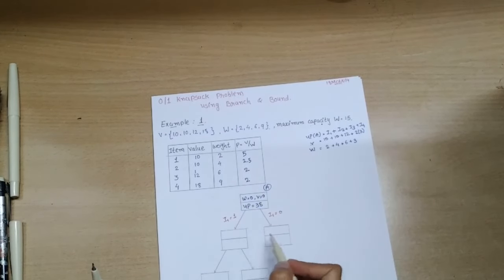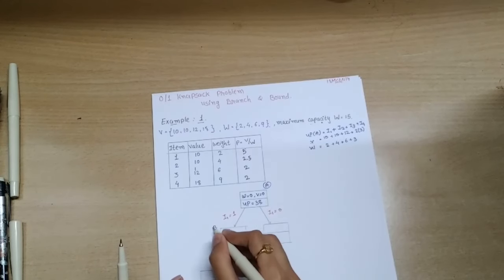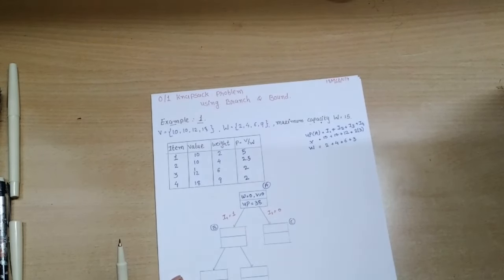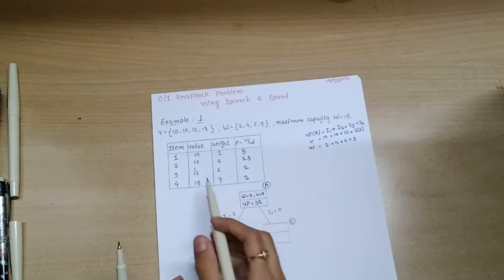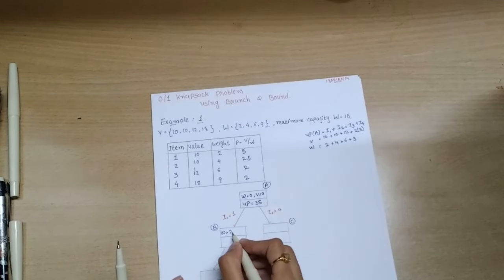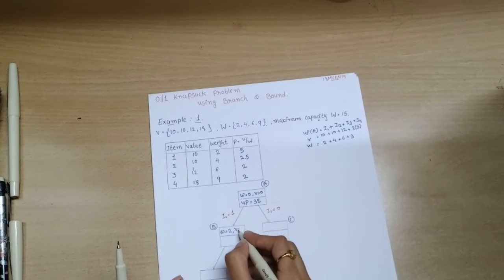Let's name these leaf nodes B and C. Here we are considering item 1, so the weight will be updated by 2 and the value will be updated by 10.